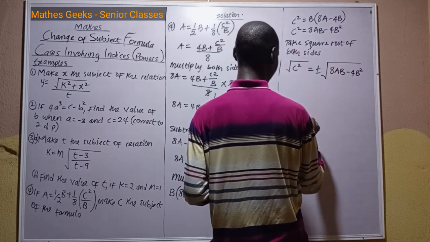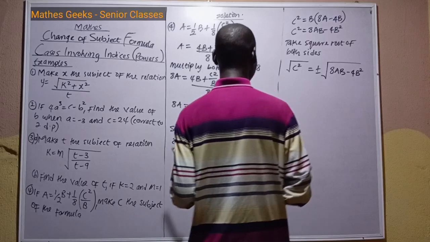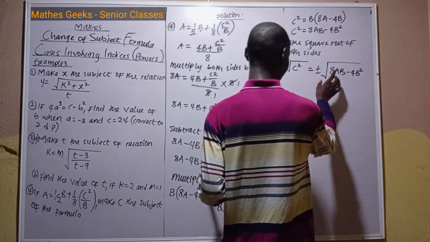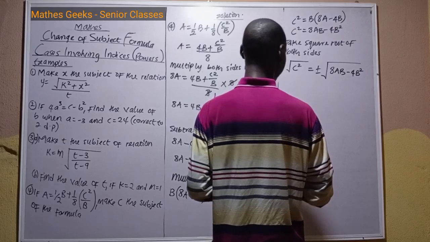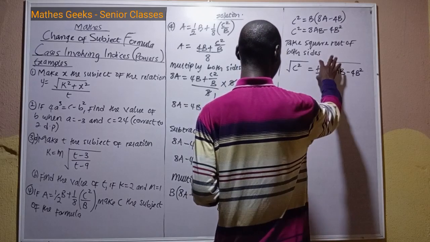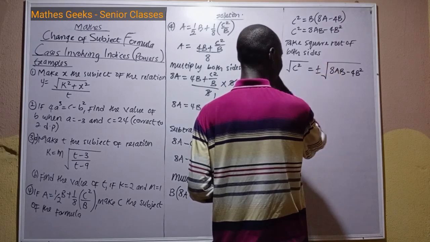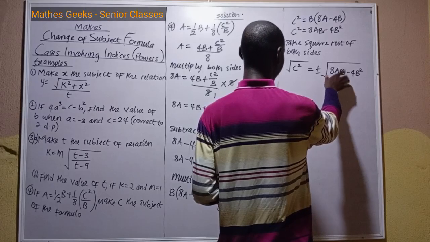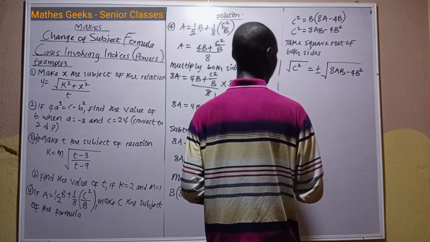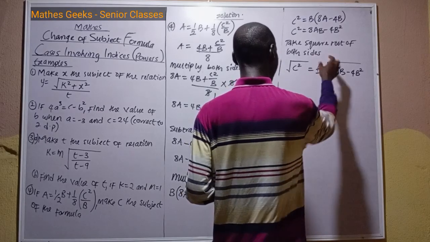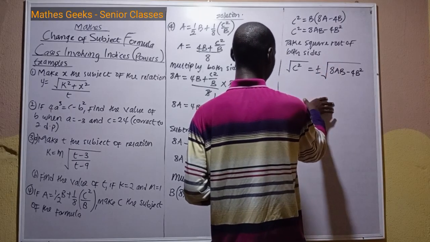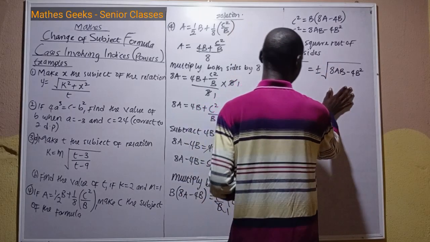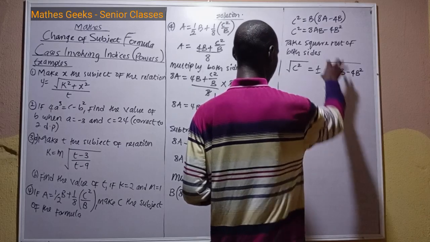But you might wonder about other examples where I took the square root of both sides and didn't put plus or minus. Sometimes we can ignore it because there's no point taking the negative value of the square root. Most times we only take the positive value, but it's still advisable to put the two signs, except in an objective question where you check your options and see the sign.